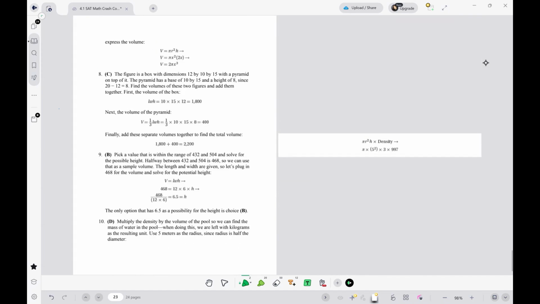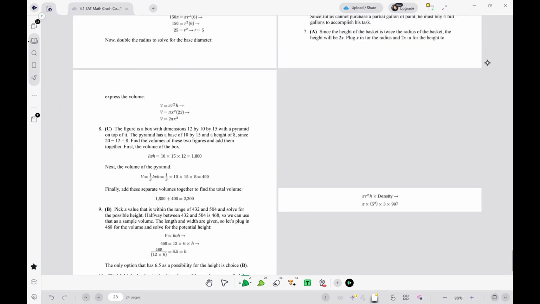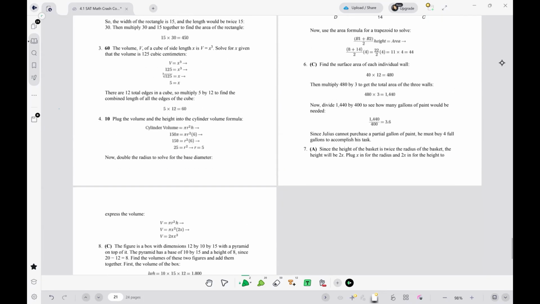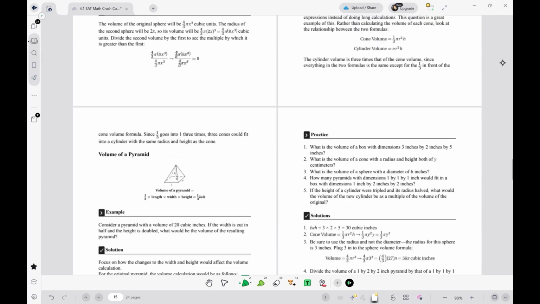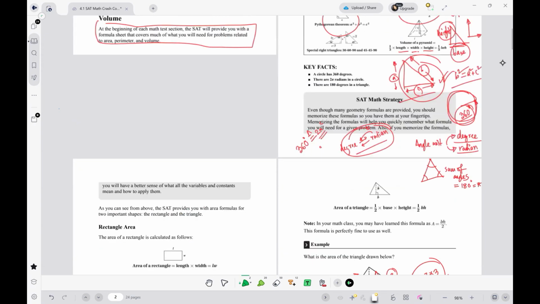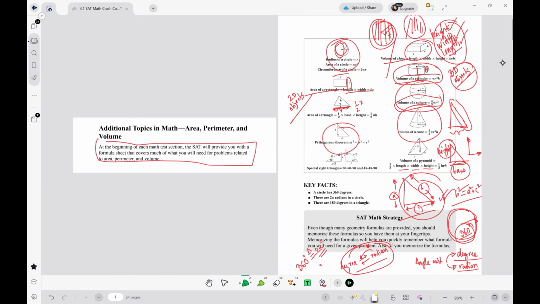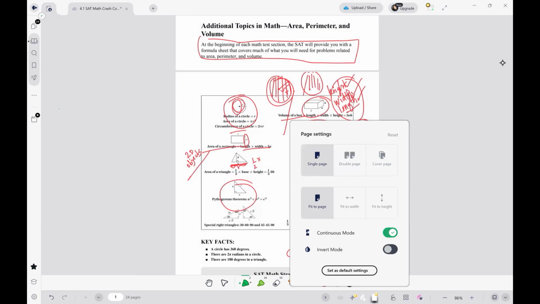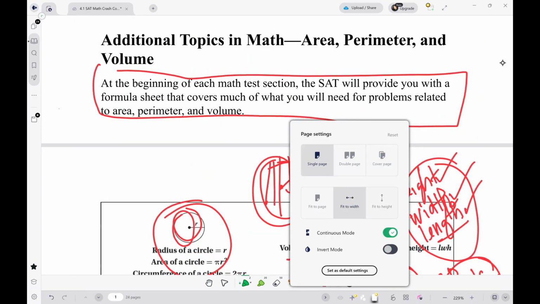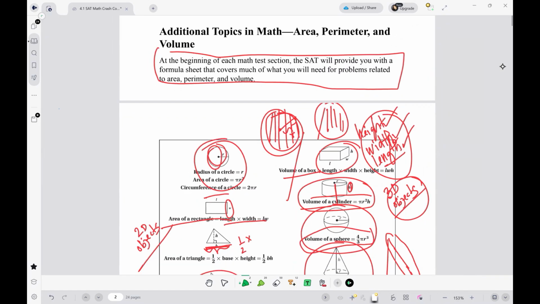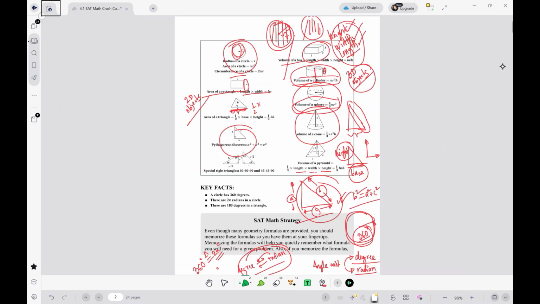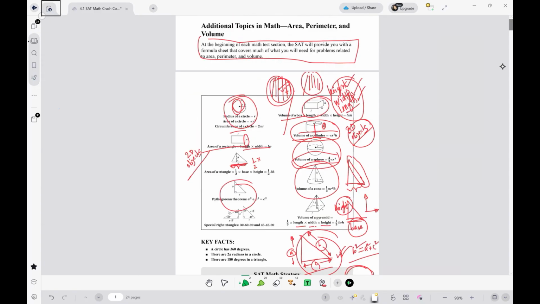Whatever we have just covered in this whole lecture today, I'm going to talk about from the very beginning. We have covered the basics of perimeter and volume.